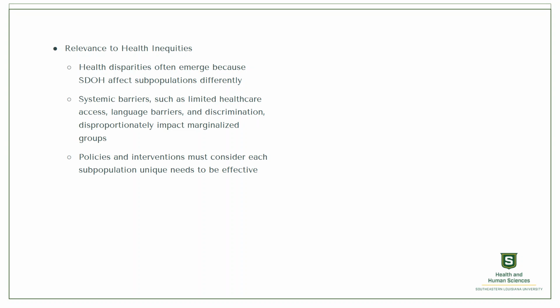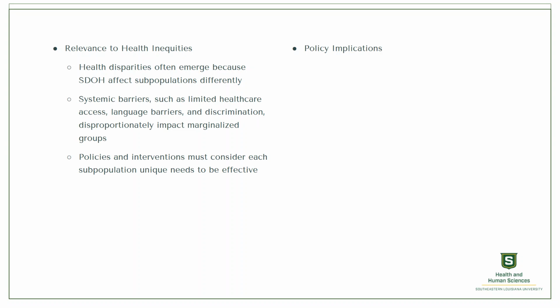And so, health policies, or policies in general, and interventions need to pay closer attention to the needs of these subpopulations in order to be effective, especially if the intention is to address health disparities.